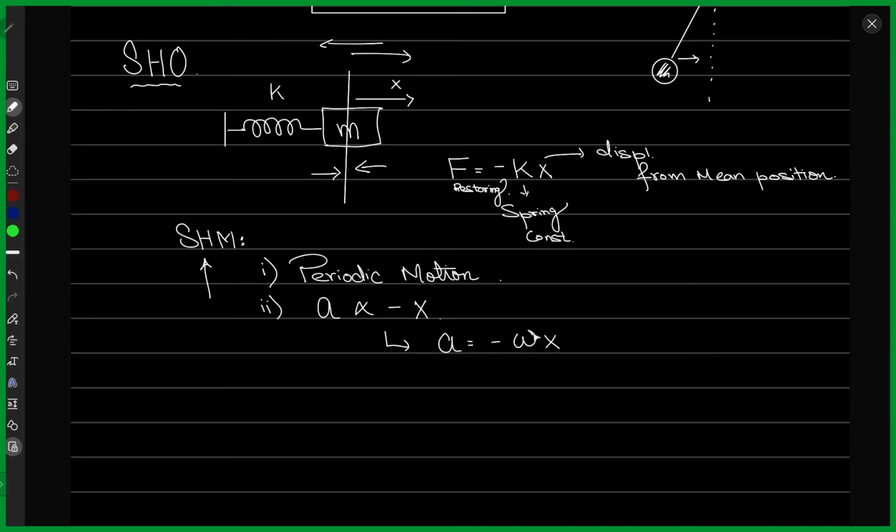It just turns out that this constant is the square of the angular frequency of the oscillations. I'm sure you must be familiar with this, that this angular frequency is defined as a frequency multiplied by 2 pi. 2 pi ensures one cycle, right?